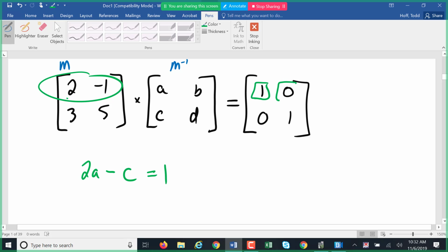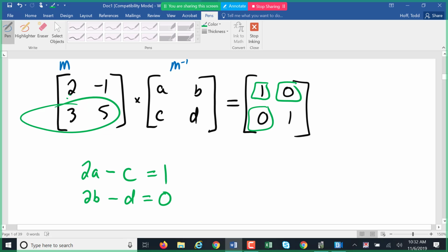We move over to the next element, the 0 there, that's row 1, column 2. That tells us that 2B plus negative 1D, or just minus D, has to equal 0. Moving then to the next one, row 2 of the first matrix, column 1 of the second matrix.